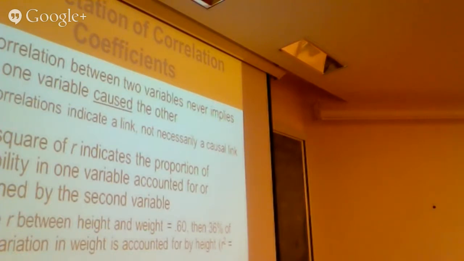So we say 36% of the variation in weight is accounted for or explained by the differences in height. So what's the remaining 64% caused by? Well, that's other things, like calorie intake, exercise, genetics, metabolic factors, and so forth. Obviously, it's not a foolproof method, but it's a great hand-waving methodology that we use to determine how much of one thing is probably, I'm going to use that word, caused by, but explained by the other variable.